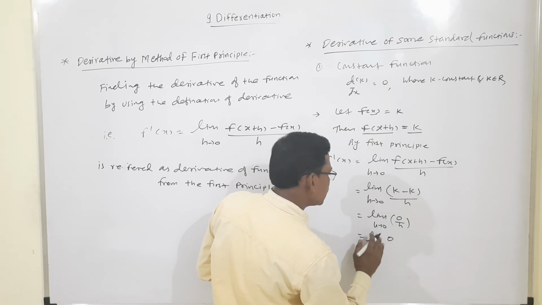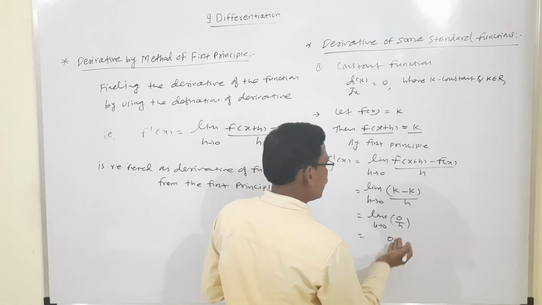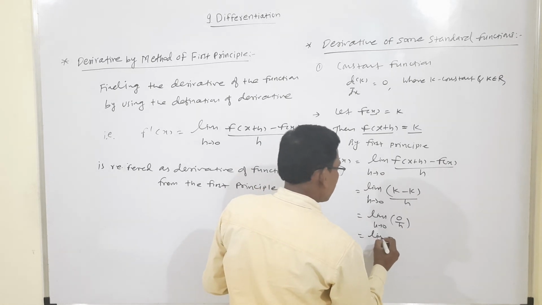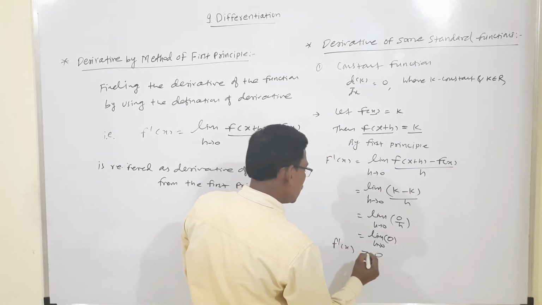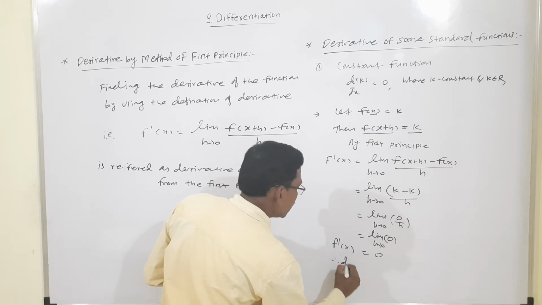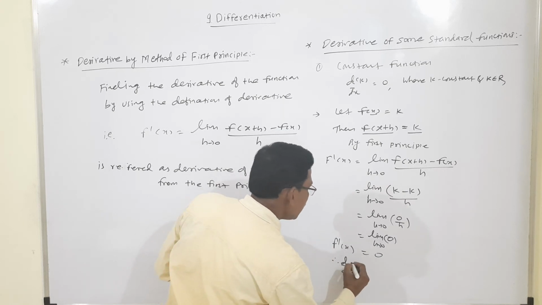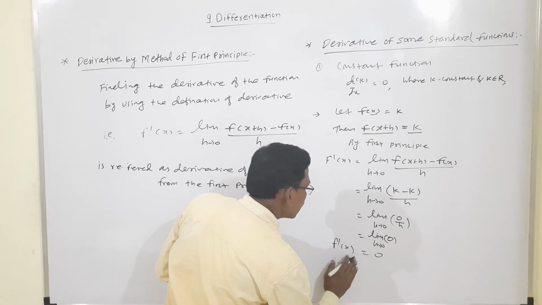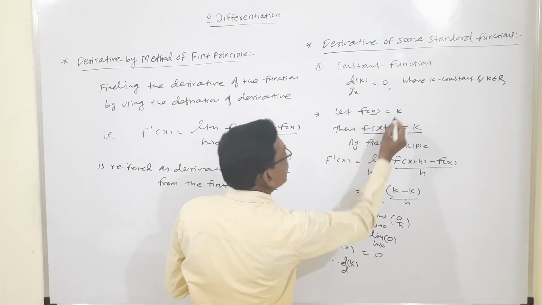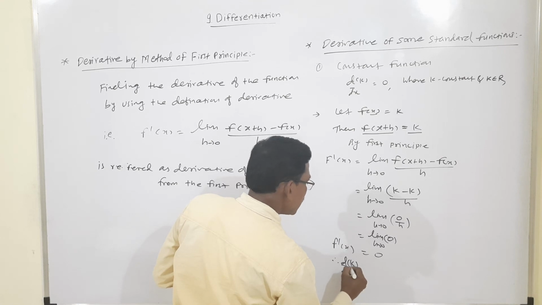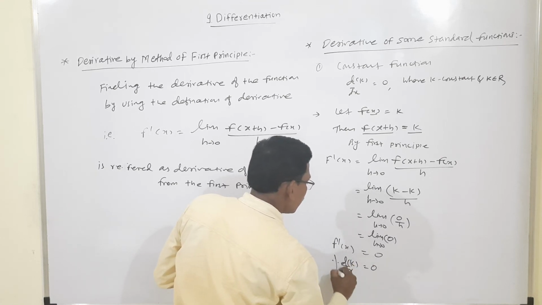Write directly here, limit of 0 is 0. Therefore f dash x equals 0, and therefore the derivative of our function f of x, which is k, with respect to x is equal to 0.